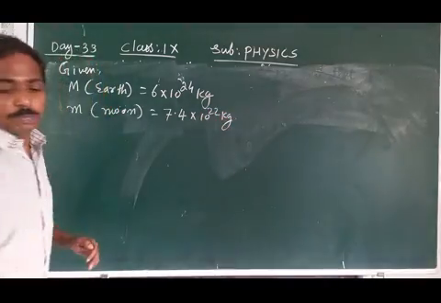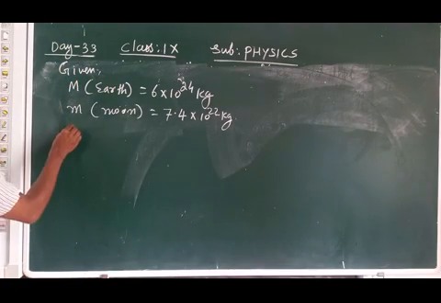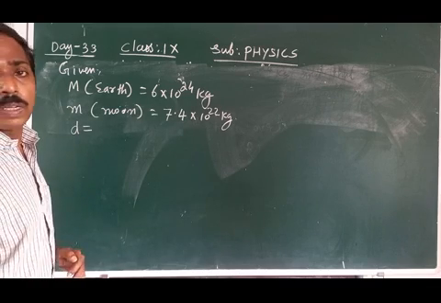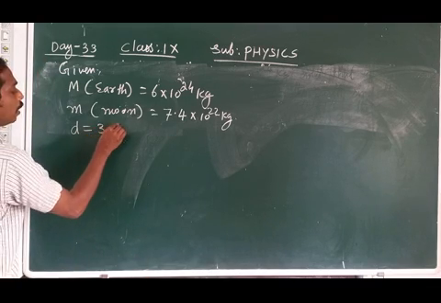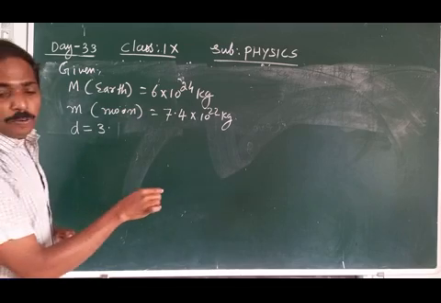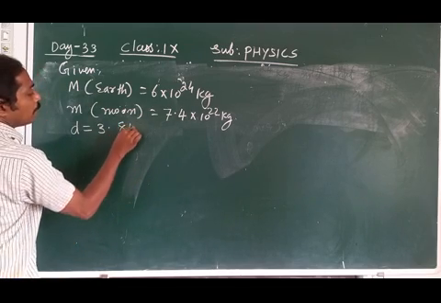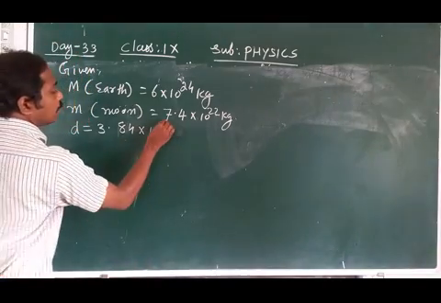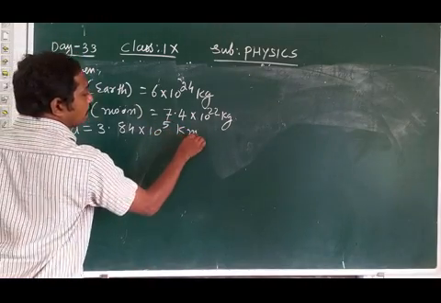We have the distance between moon and earth, D equals 3.84 into 10 raised to 5 kilometer.